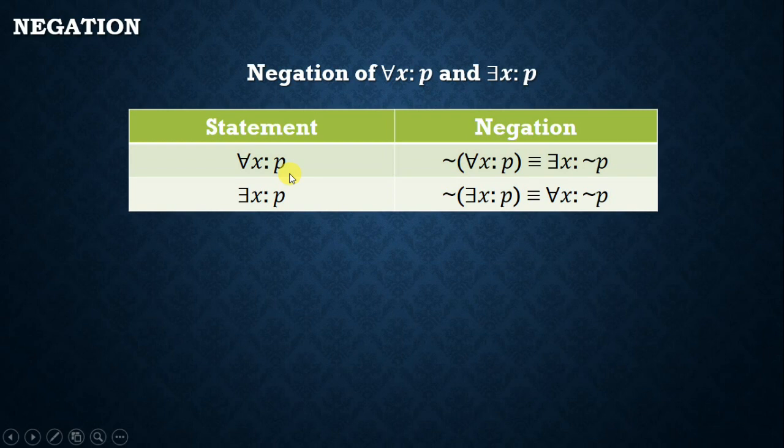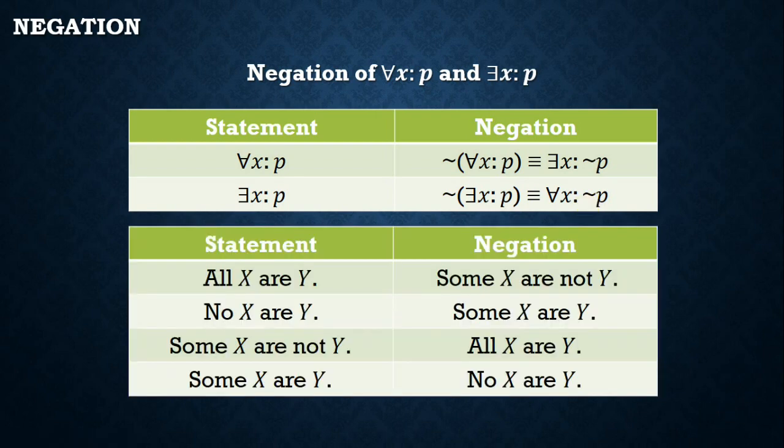For universal statements, the negation is the existential statement such that not P. And for the existential statement, the negation is the universal statement such that not P. To help us easily negate any quantified statements, the following table is useful.